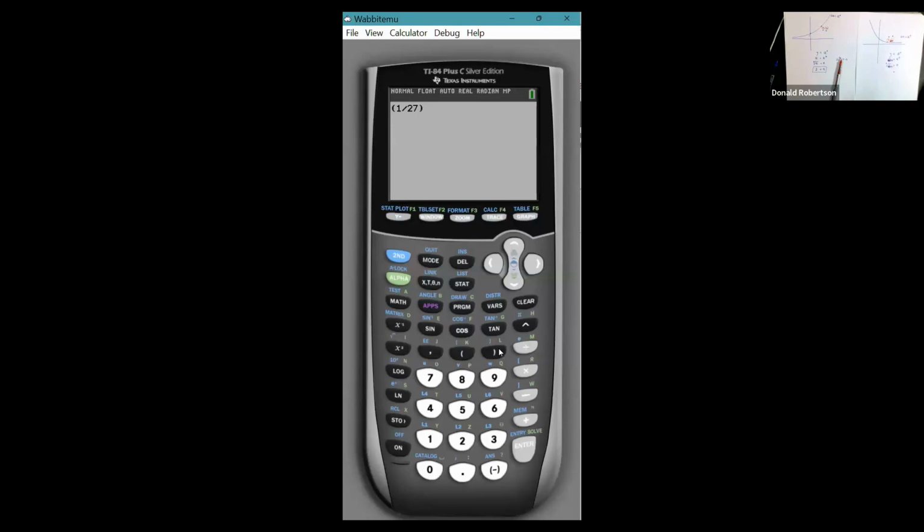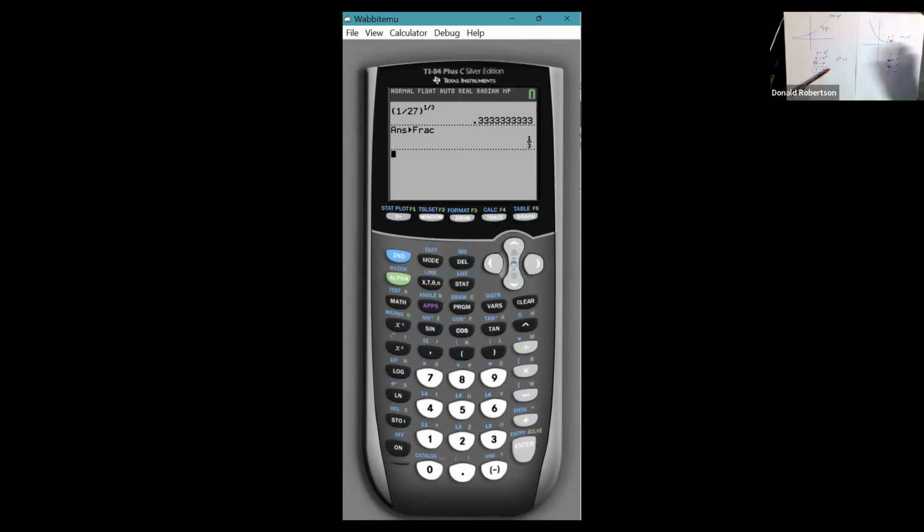Now you get a cube root. I know there is a cube root button hidden somewhere, but I'm just going to go to the power of a third, which is the same thing. A square root, for instance, would be a half. Get that guy. And then math, option 1, which means take your answer and make it a fraction. And there you go. We got the answer. a is a third.